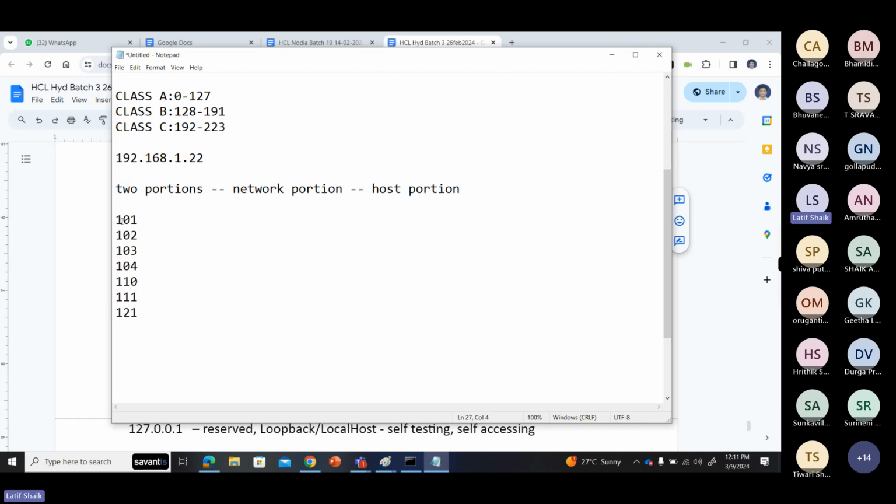The first digit represents the floor, and the remaining digits represent the door number. So the door number is individual: first door, second door, third door, fourth door, fifth door, like this.